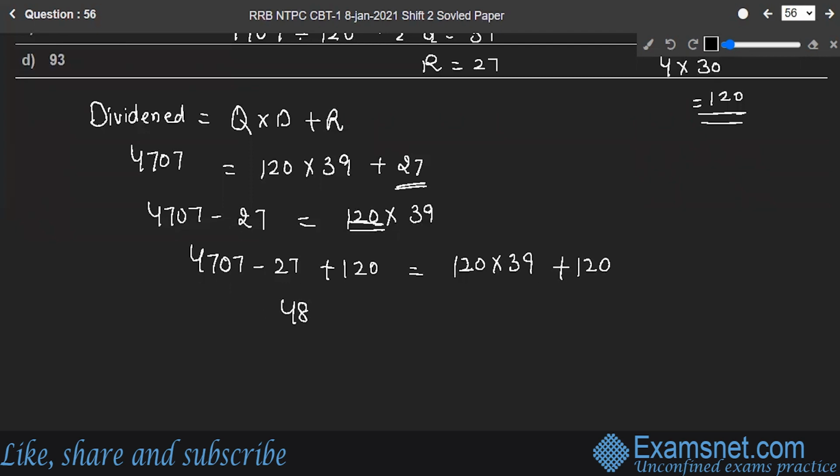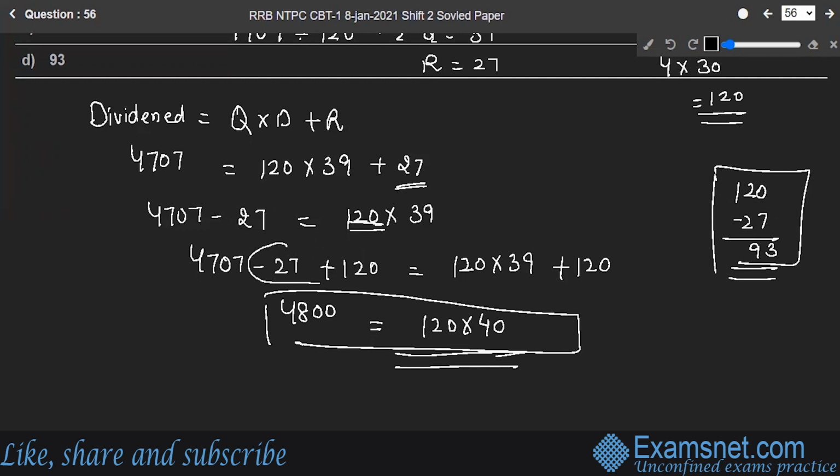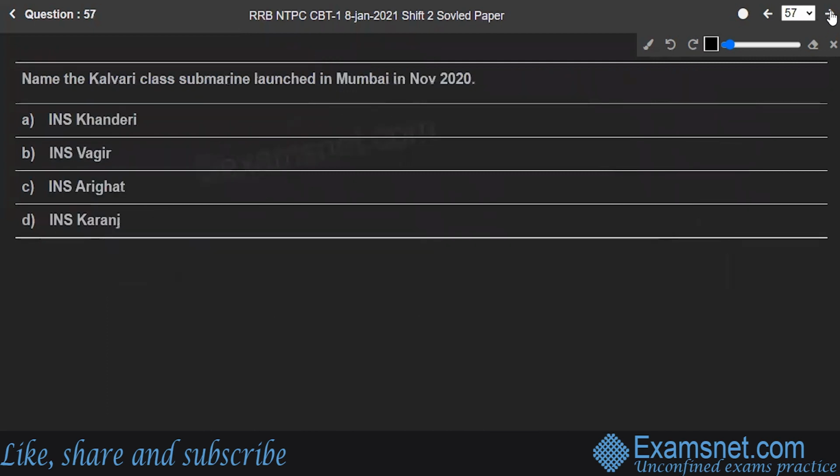This will give you 4800 is equal to 120 multiplied by 40. So that means 4800 is the number. And what number should be added to this? It is 120 minus 27, that means 93 should be added. Okay. This number was added, that is 93. Let's check. I have option D as the answer. Hope you understood this.